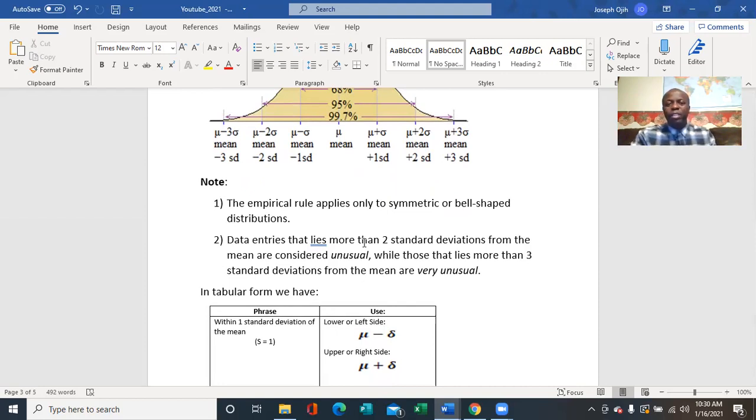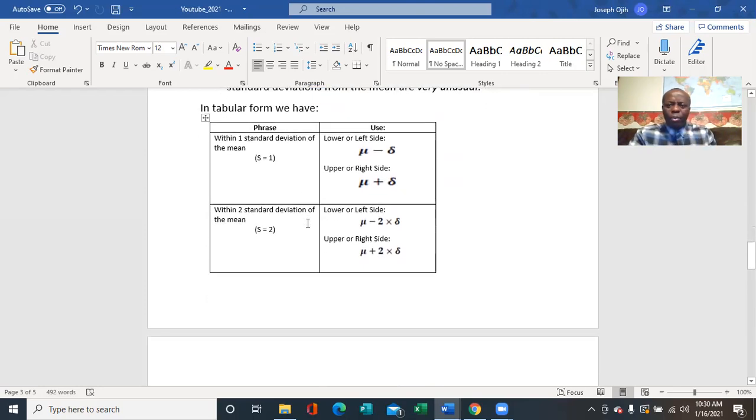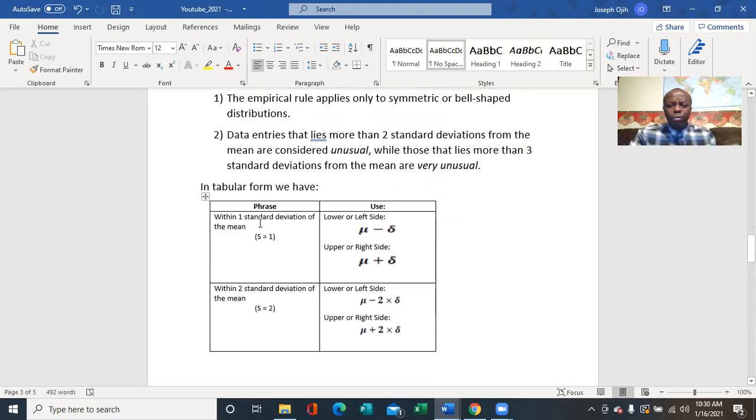Why do we call it sigma? Because of this symbol here, some call it the delta symbol, or sigma symbol. I'm sure you get the point by now. So I have this summarized in a table. When it's 1 standard deviation of the mean, use mean minus standard deviation for the left side or lower side, mean plus standard deviation for the right side.